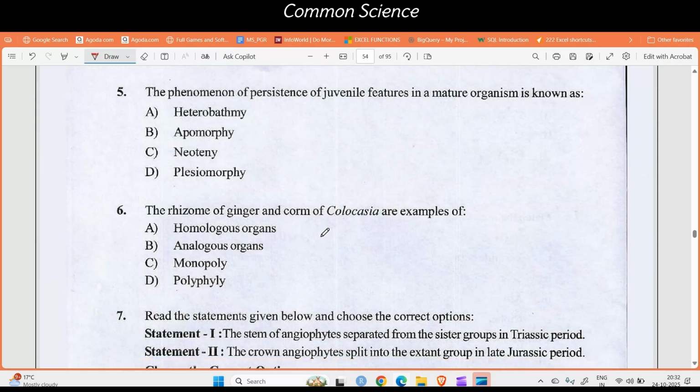Question number 5: the phenomenon of persistence of juvenile features in mature organisms is known as neoteny. Option C. If you look at apomorphy, apomorphy is derived characters. And plesiomorphy is the presence of ancient characters.